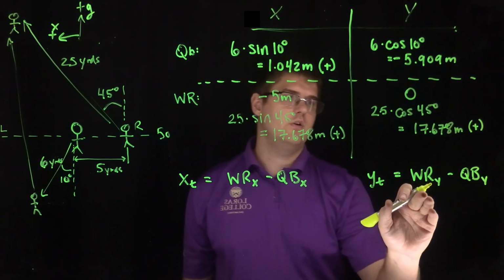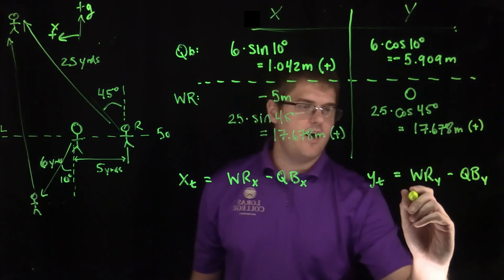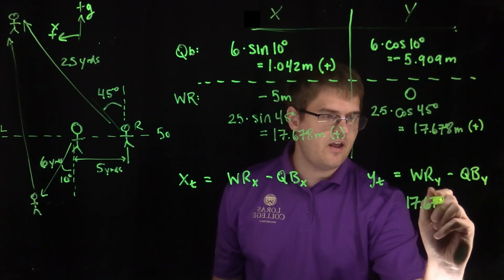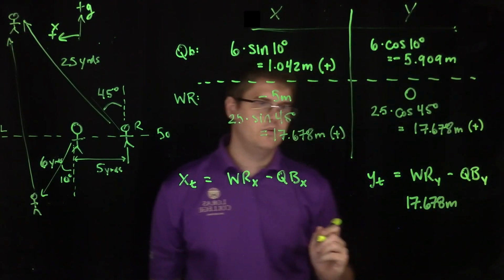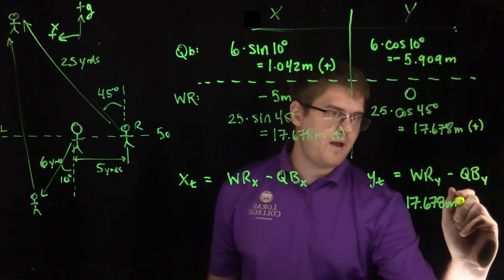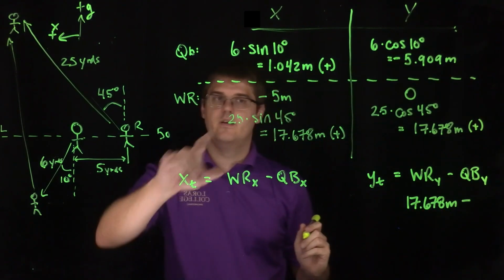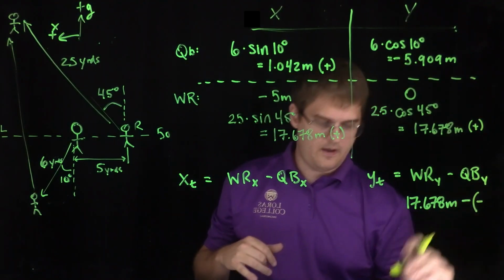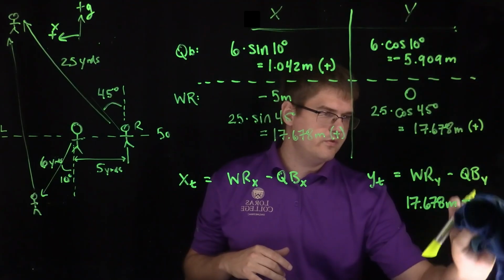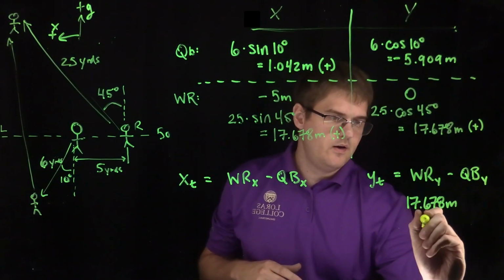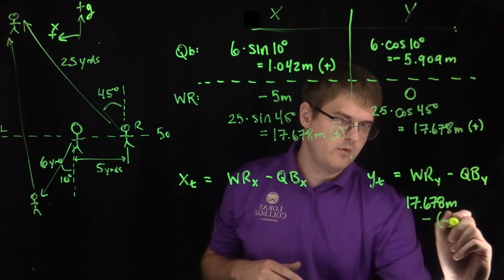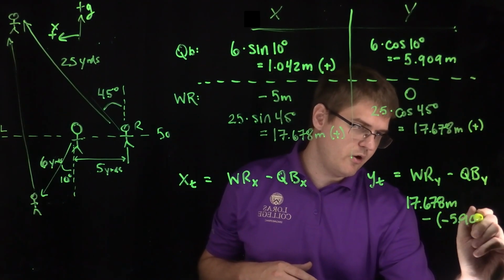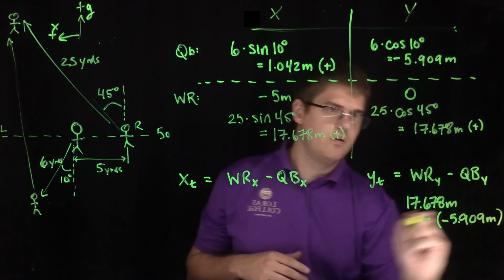So the wide receiver in the y has gone 17.678 meters downfield, and the quarterback has gone negative. I'm going to have to write it underneath. You guys don't see that much of the board. Negative, so minus a negative 5.909 meters.